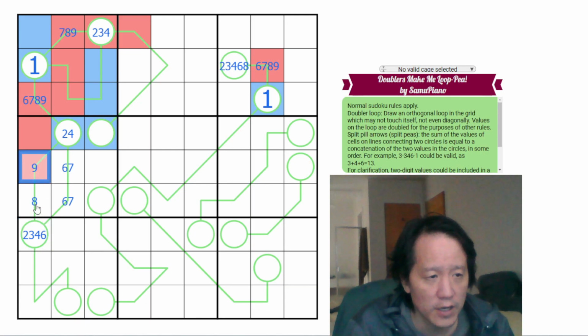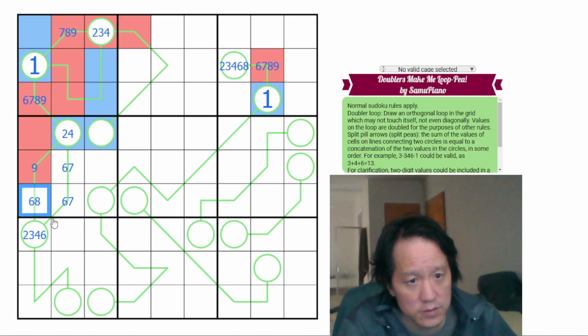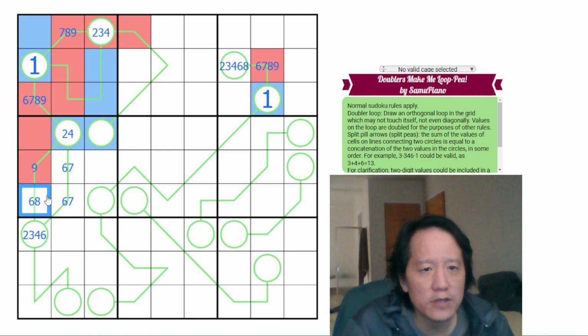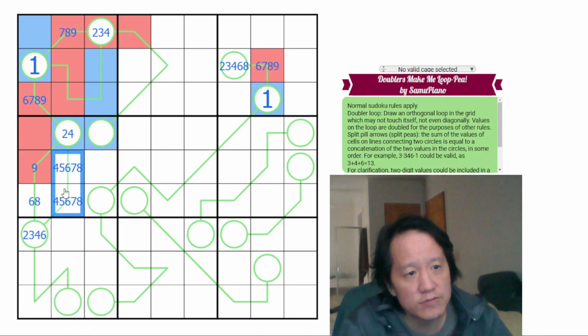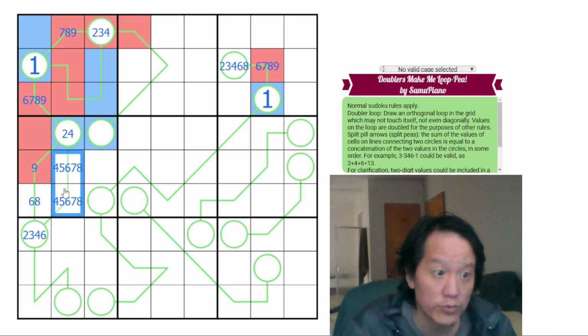So then this would be 9, and this would be 6. And then you have, so 24 would have to add up to 12. It cannot be 3, 9. It could be 4, 8, or 5, 7. Both doubled. So 24 works.